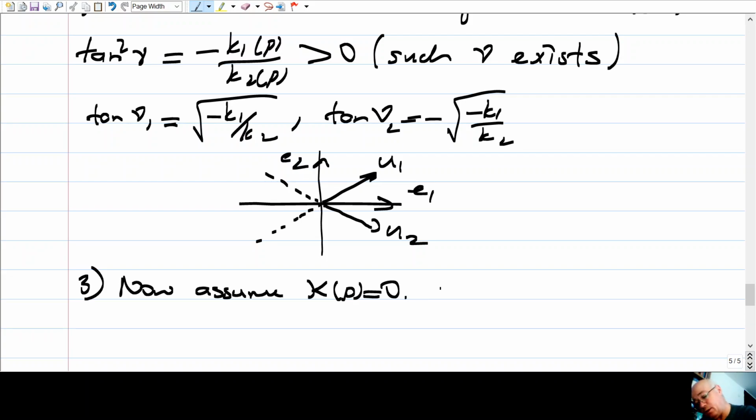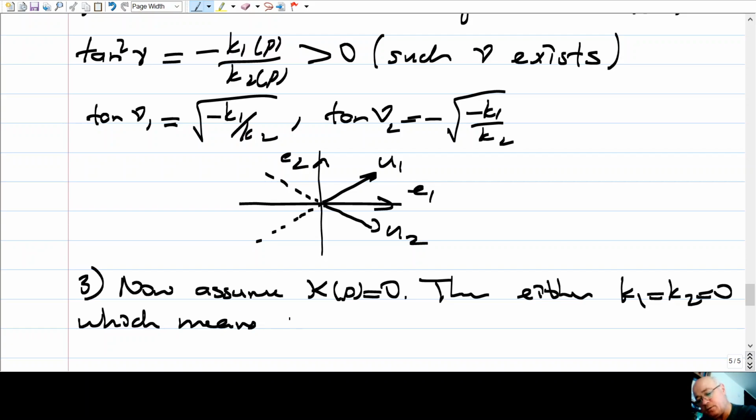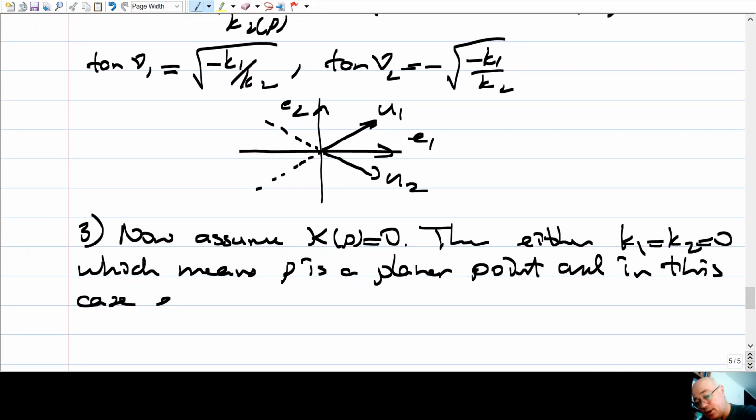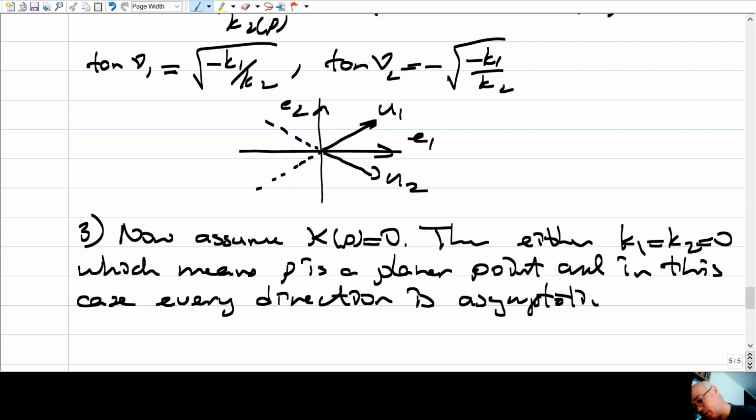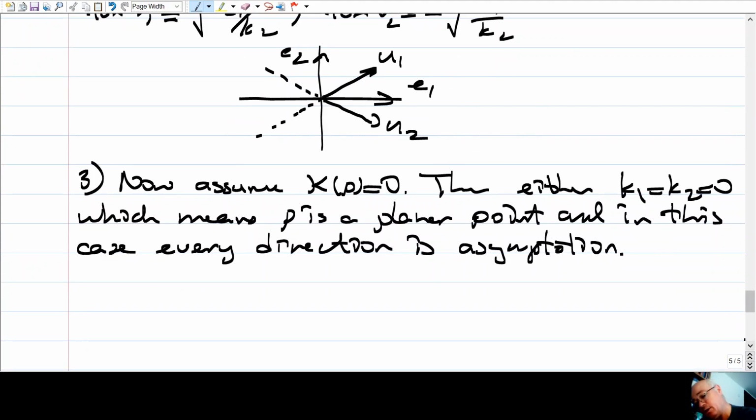Then either k1 and k2 are 0, which means p is a planar point, and in this case every direction is asymptotic, because normal curvature is 0 for all vectors, or only one of k1 or k2 is 0.